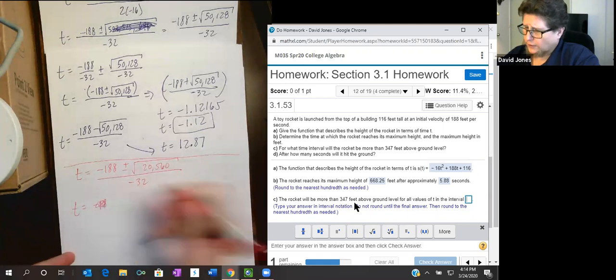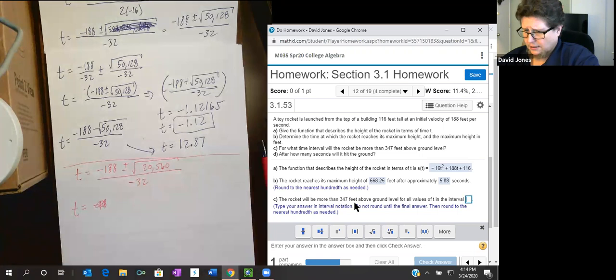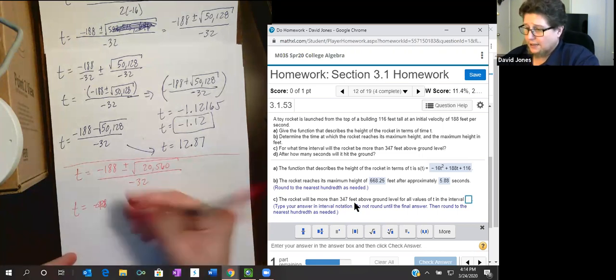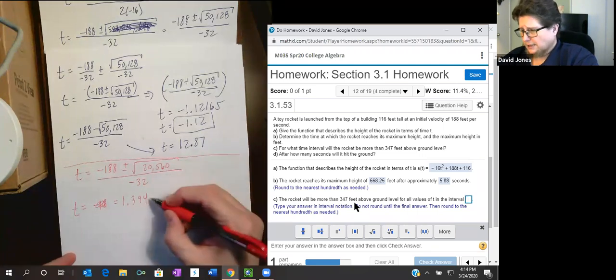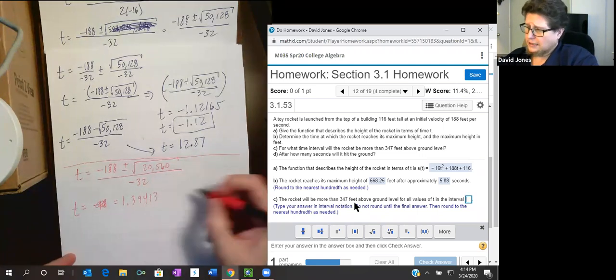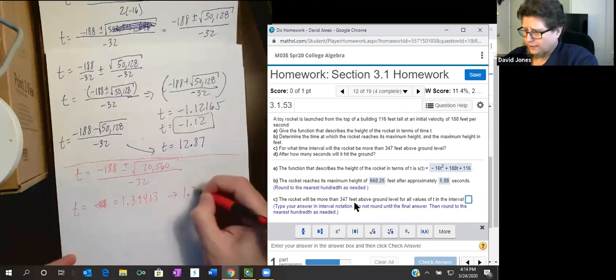So I'll do the positive version first. Plus the square root of 2560 divided by negative 32. There we go. 1.39413 or 1.39.